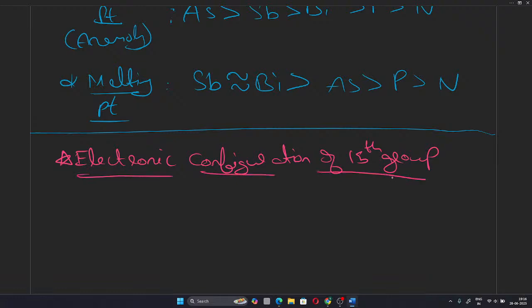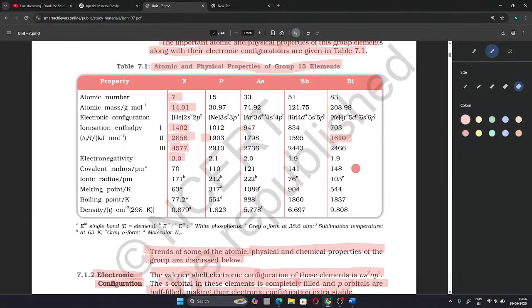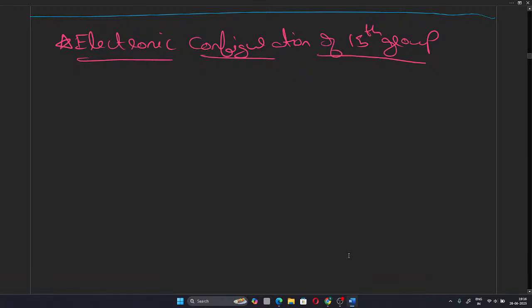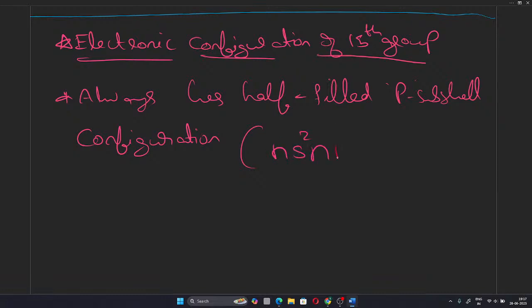Now it is for the 15th group elements, which basically always has a half-filled p subshell configuration, which is ns2np3.